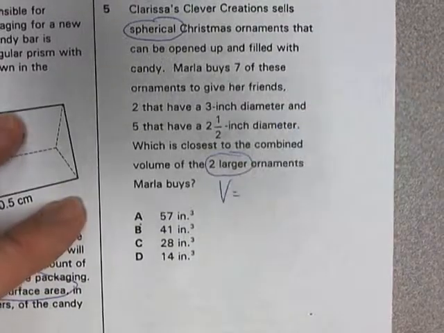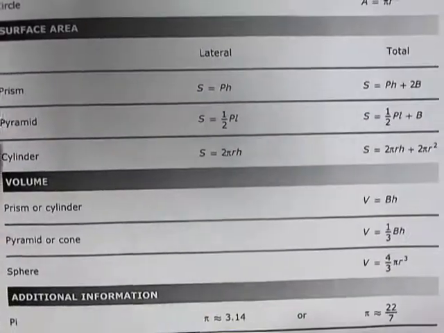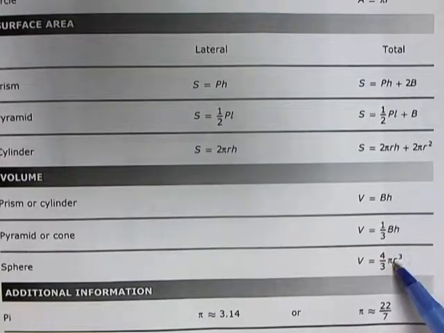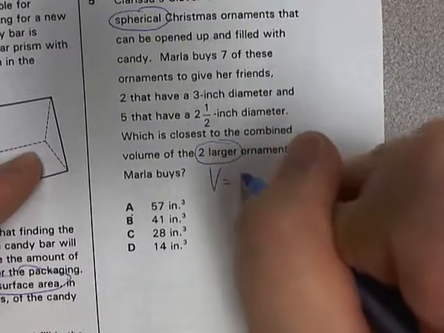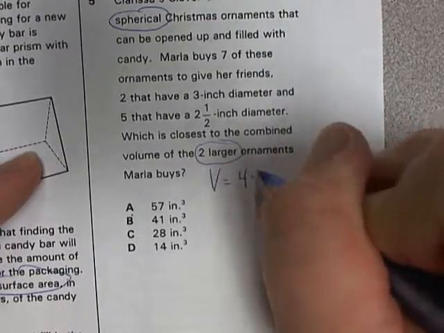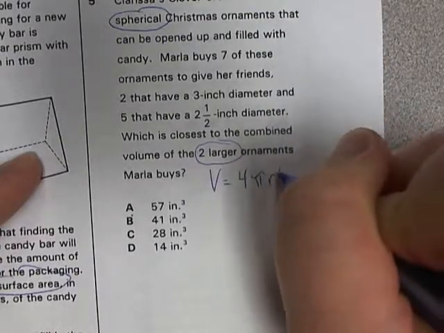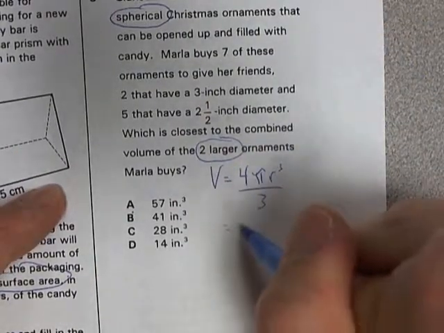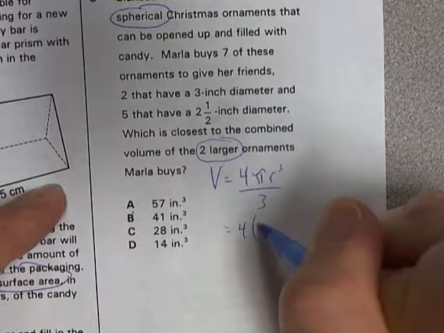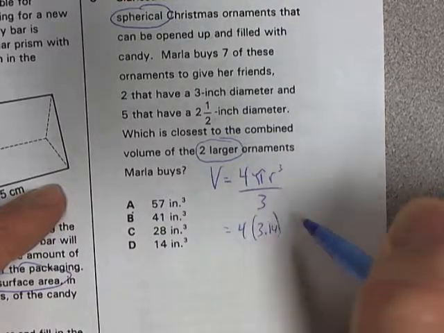So let's look up the formula for volume of a sphere. On your math chart, you have 4 times pi times radius cubed divided by 3. So let's write that. We'll use 3.14 for pi since we're using a calculator.